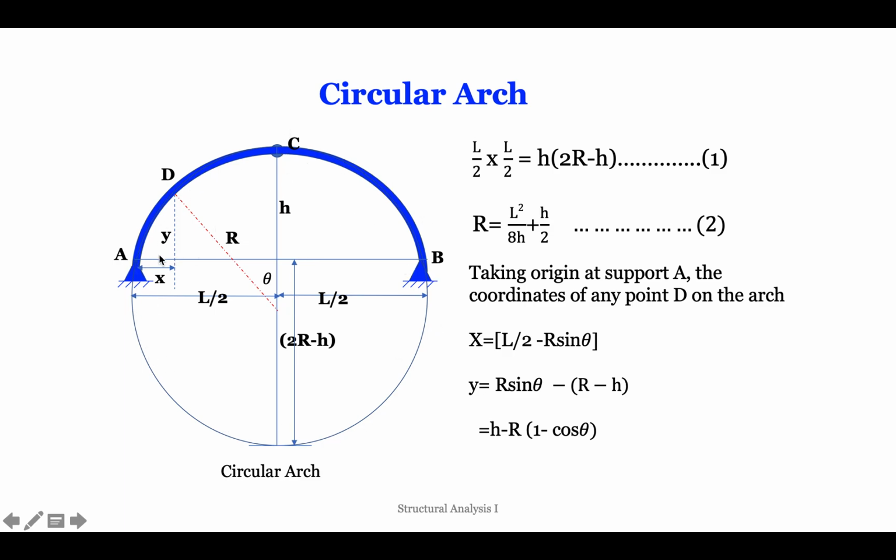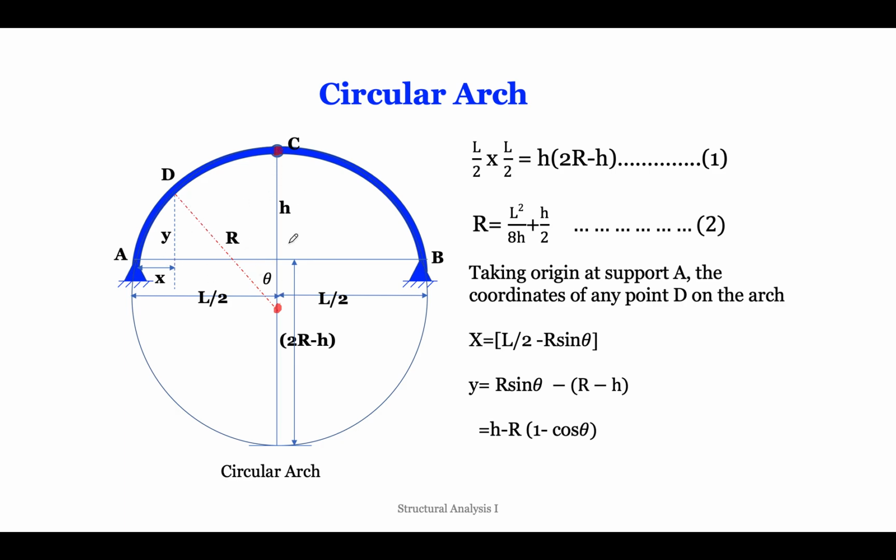Now let's name this arch A, B and C. Here A and B are supports, and C is its crown and it's a hinge. Now let us consider a point here, the origin of the circle, and this is R, the radius.